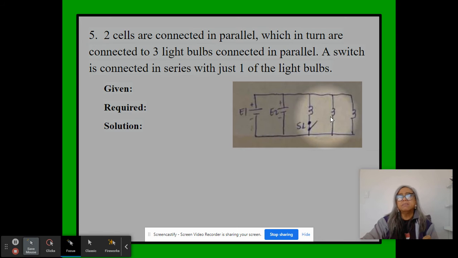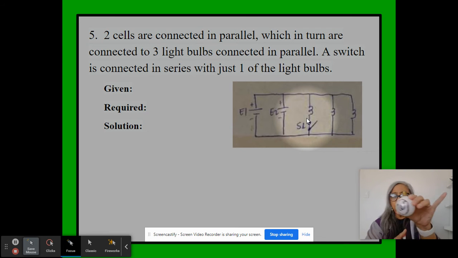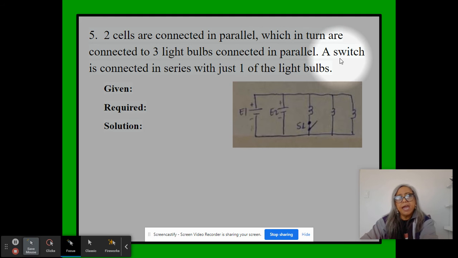Again, it can be the W or the X, this is one way of representing it, or an easier one would be just the X. So in parallel, and it says here a switch is connected with just one of the light bulbs. So one switch.